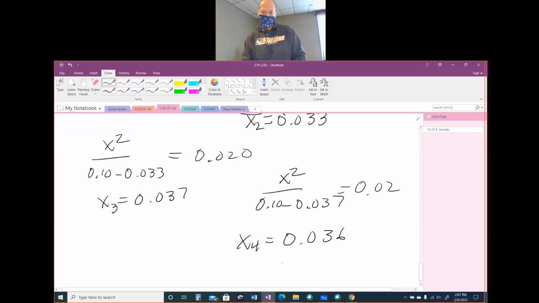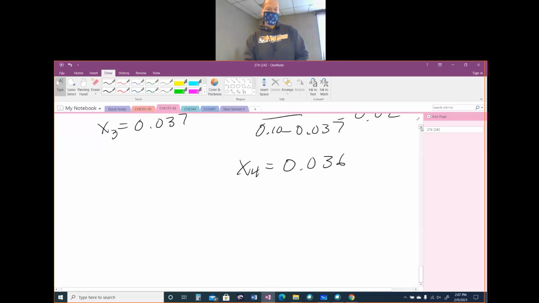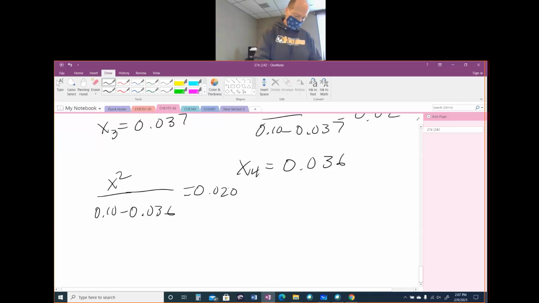All right, and so it's going to take one more time because they are only differing by one. It's going to either be the 0.037 again or the 0.036 again. But regardless, this is the last time we're going to do it. So for x5, which will be our answer, x squared over 0.10 minus the 0.036 equals 0.020. 0.036 is the winner, x5.